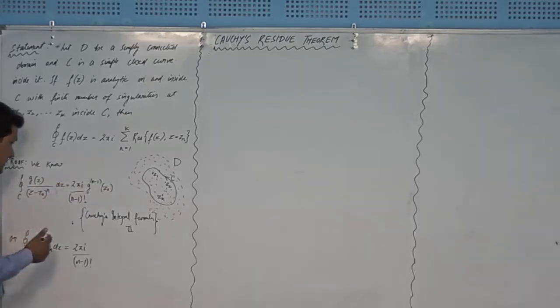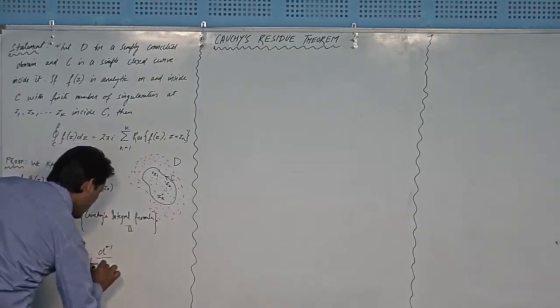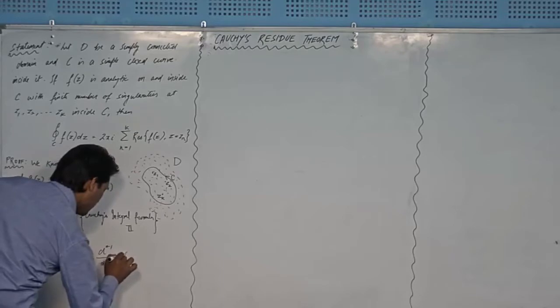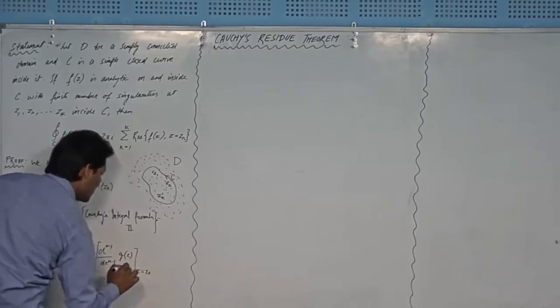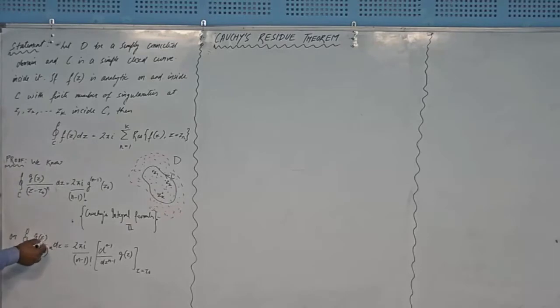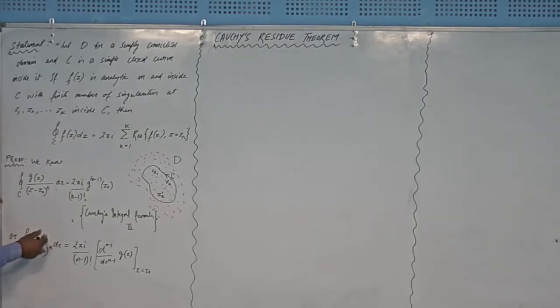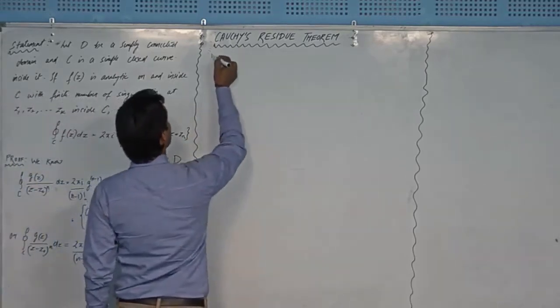So I will write that in this way: d^(n-1)/dz^(n-1) of g(z) evaluated at z equal to z naught. And in order to achieve this result, I will replace this quotient function by f(z).